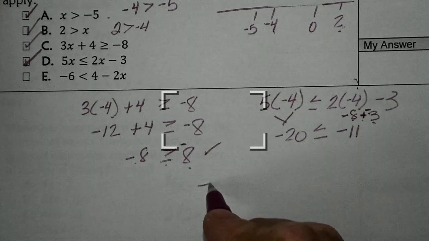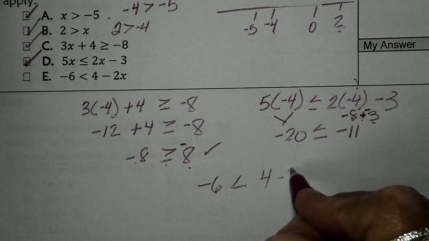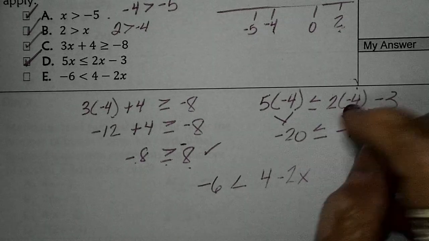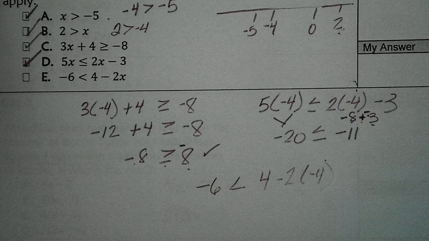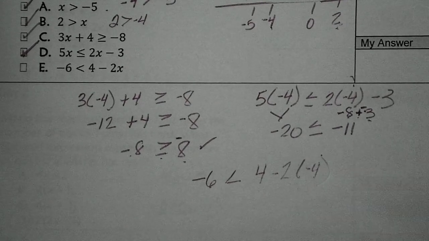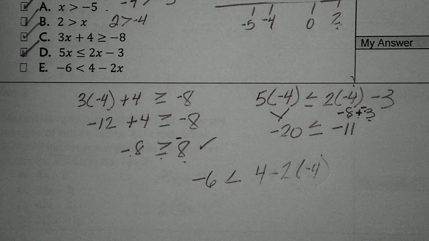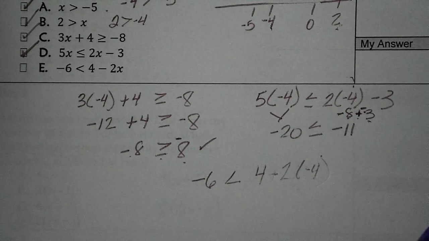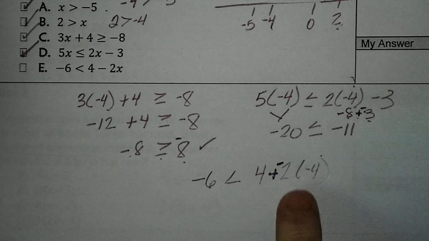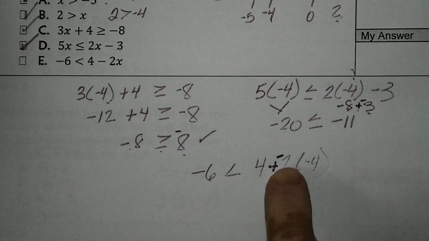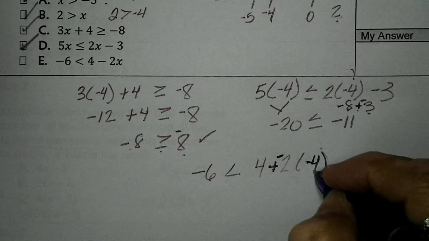And then the last one says -6 is less than 4 minus 2x. Well, for x, we're going to substitute in -4. So what happens, there's a negative here, so I'm going to change it. My pen is dead, so let me grab another one. To its opposite. I'm going to add the opposite. So that means it's -2 times -4.